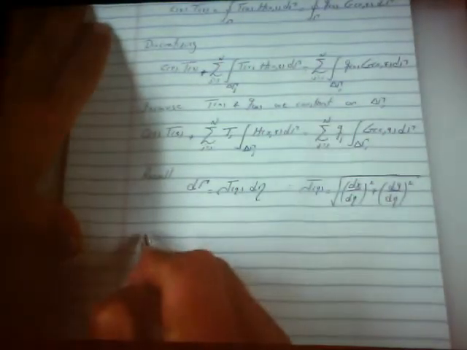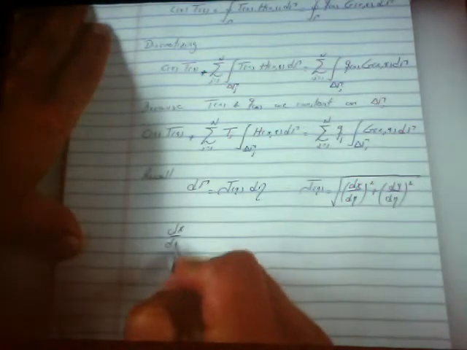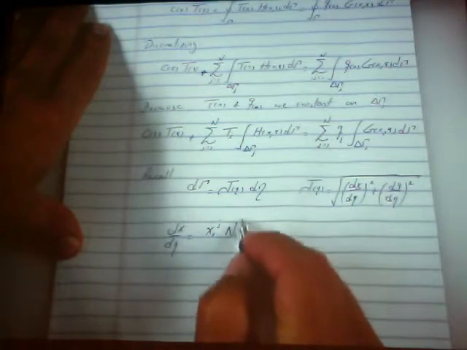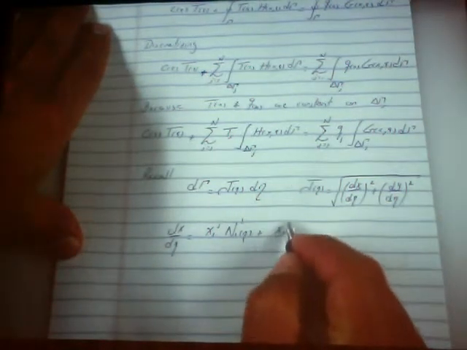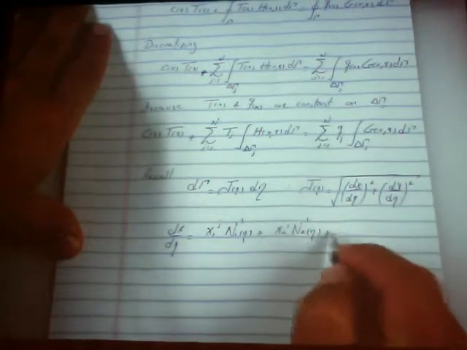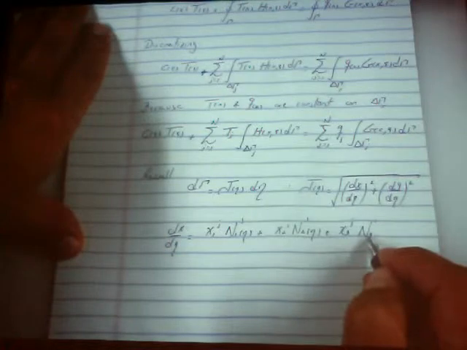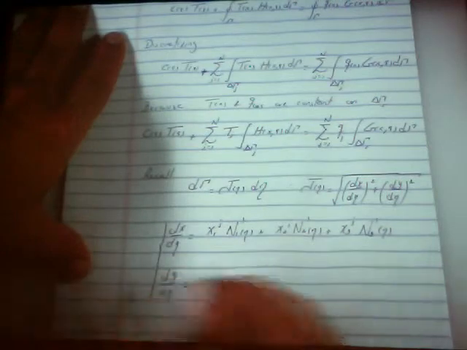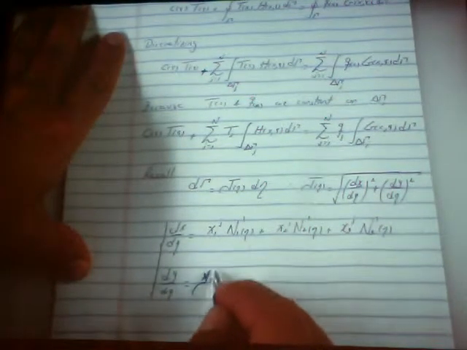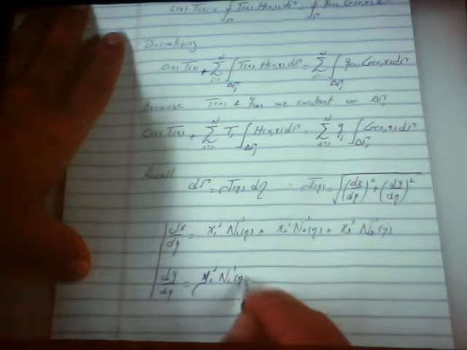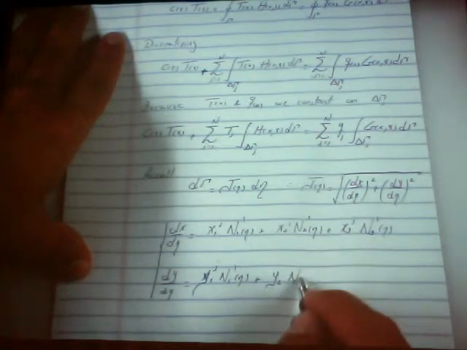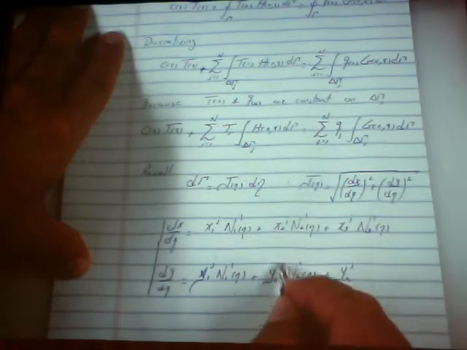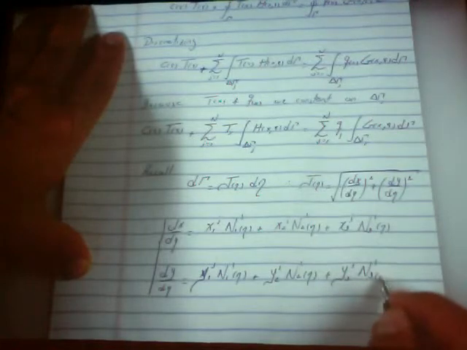Okay, such that dx d eta is equal to x1 times N1 prime of eta plus x2 times N2 prime of eta plus x3 times N3 prime of eta, and dy d eta is equal to y1 N1 prime of eta plus y2 N2 prime of eta plus y3 N3 prime of eta.